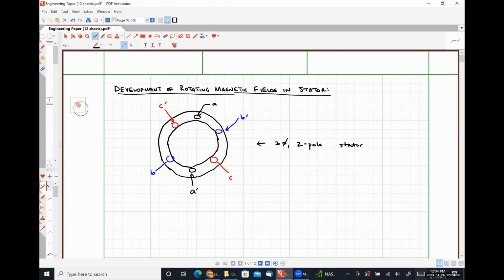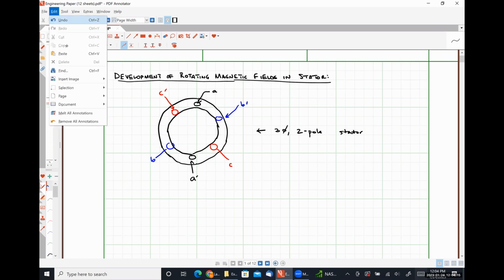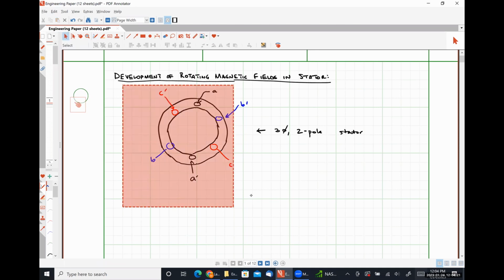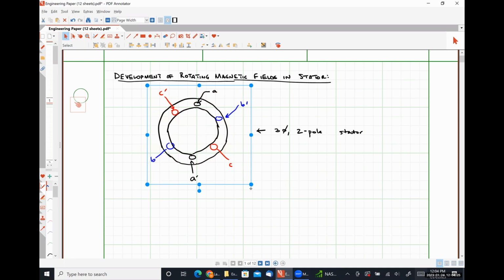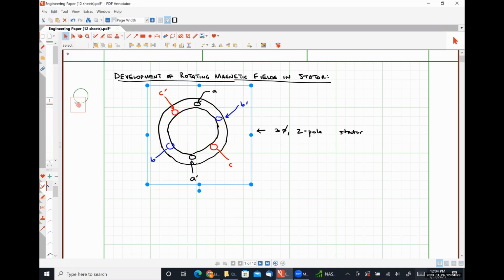All right, so I'm going to make my life slightly easier and perhaps make it slightly miserable for you in a moment by making a copy of this so that I don't have to redraw it over and over again.